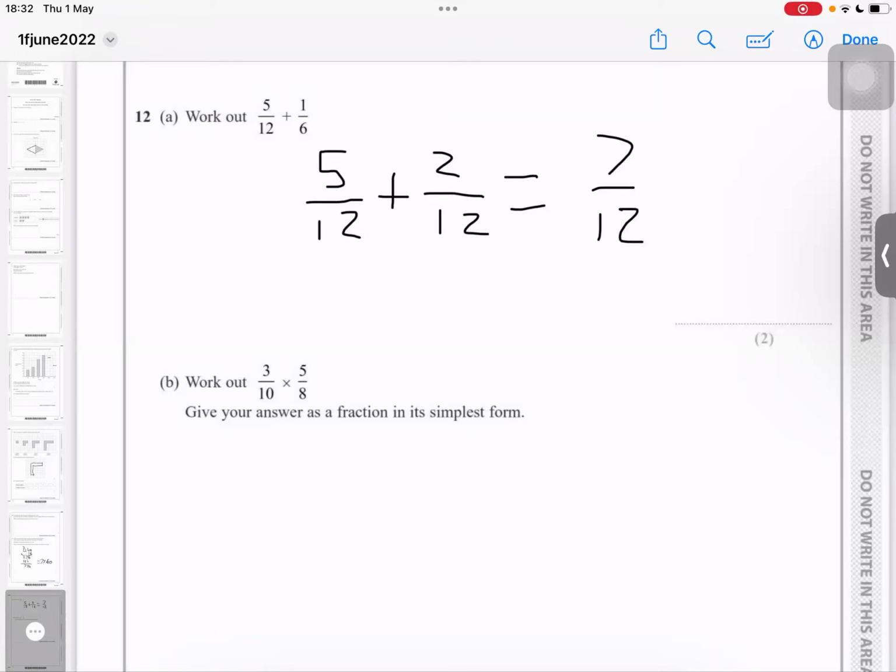So the basic rule is that you can only take out things crosswise. You can't take out things that are on the same level. So you can only do numerator to denominator or denominator to numerator. You cannot do numerator to numerator or denominator to denominator.